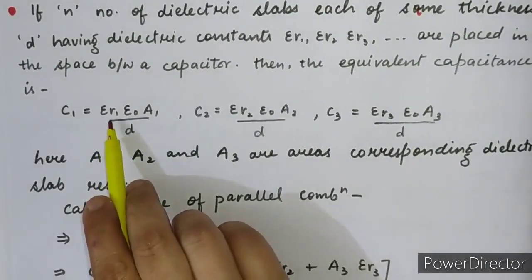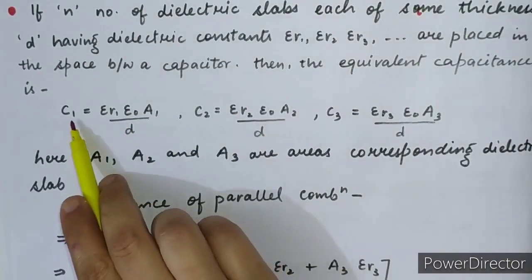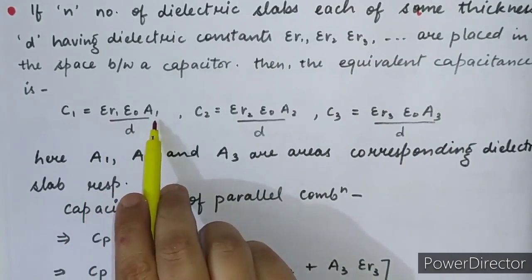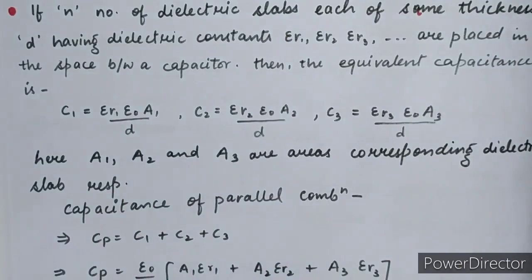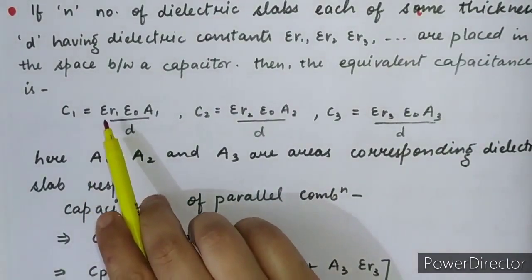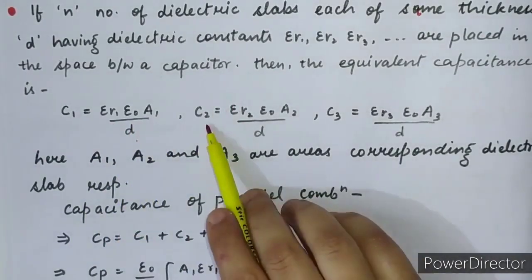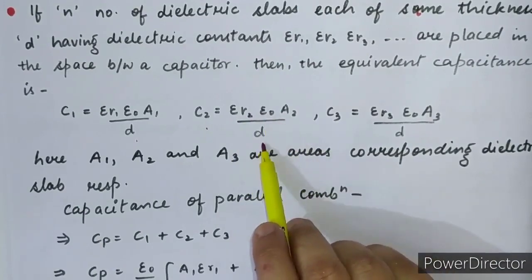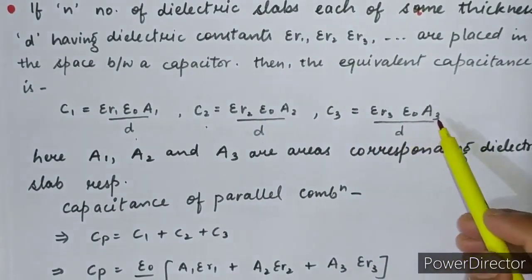The formula is epsilon R epsilon naught A upon D. Here each capacitor carries a different dielectric constant with a different area. The permittivity of vacuum and the thickness are the same. So C1 equals epsilon R1 epsilon naught A1 upon D, C2 equals epsilon R2 epsilon naught A2 upon D, and C3 equals epsilon R3 epsilon naught A3 upon D.